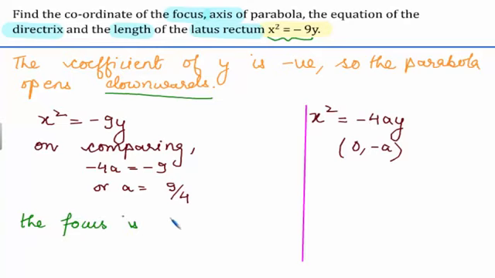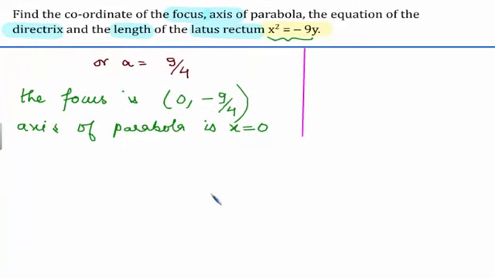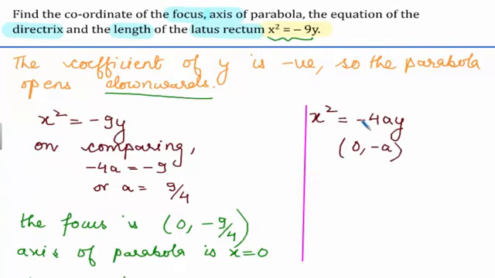The axis of the parabola is x is equal to 0. And the directrix, for this standard form of the parabola which opens downward and is symmetric along y-axis, is given by y is equal to a.